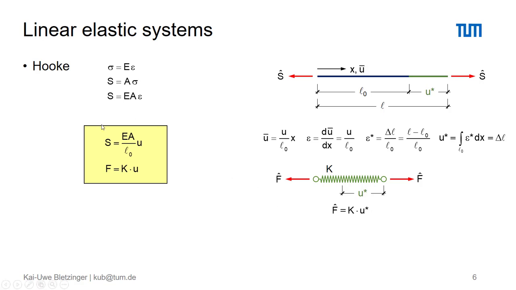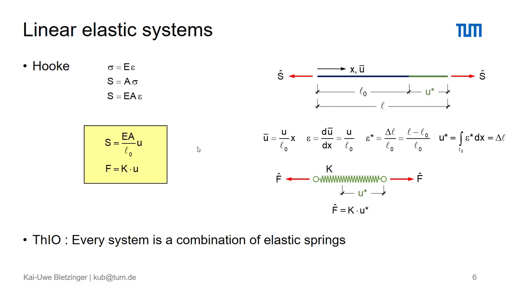So we can put everything together when we talk about linear elastic springs, generalized springs, or the elastic deformation of a cable, with that term called the stiffness of this bar or this cable. What we apply here is what we call theory of first order, and we can say that every system is a combination of elastic springs in the context of theory of first order.